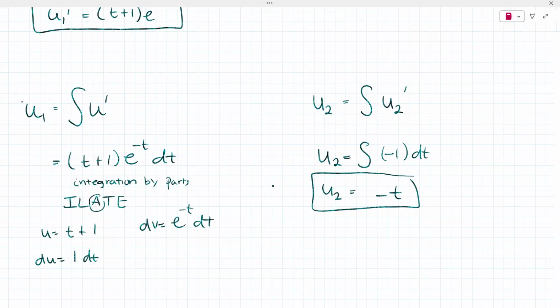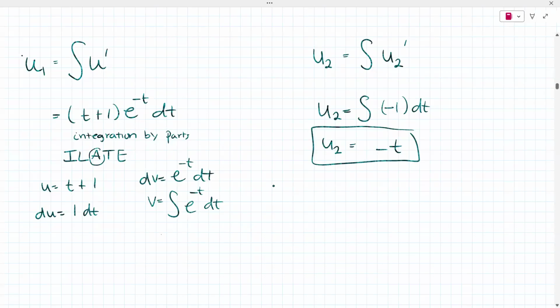To find your v, you take the integral of this, so v equals the integral of e to the negative t dt. You do have to do a little bit of u substitution, and you get negative e to the negative t.